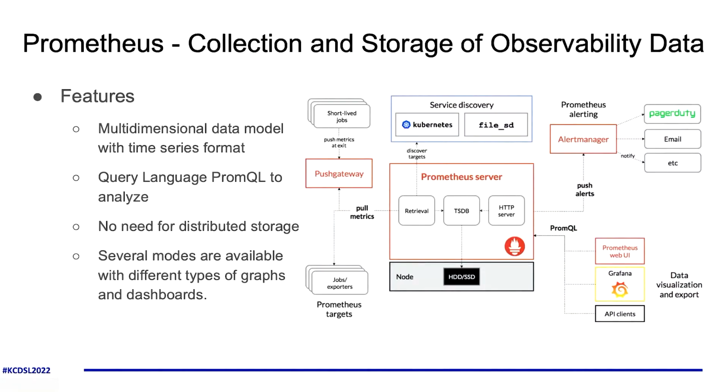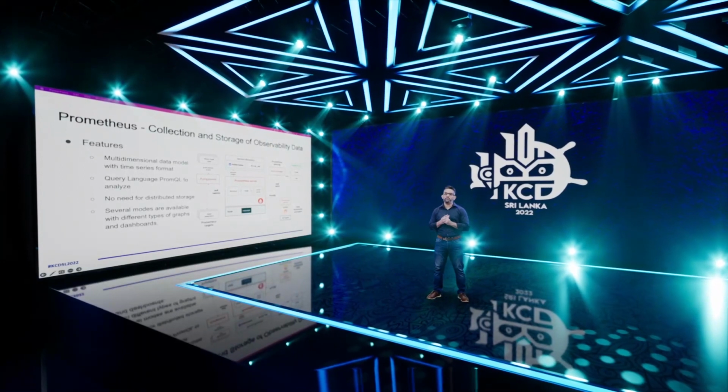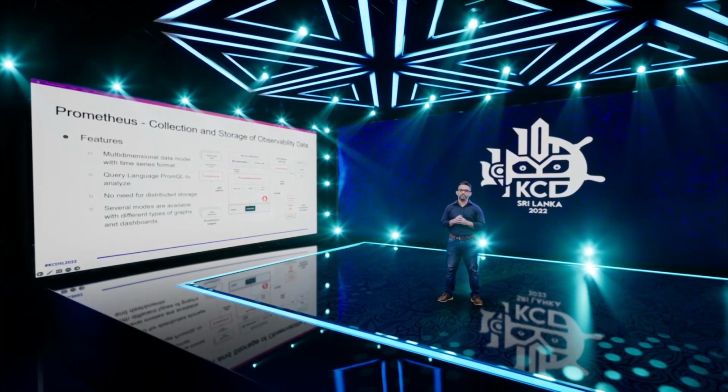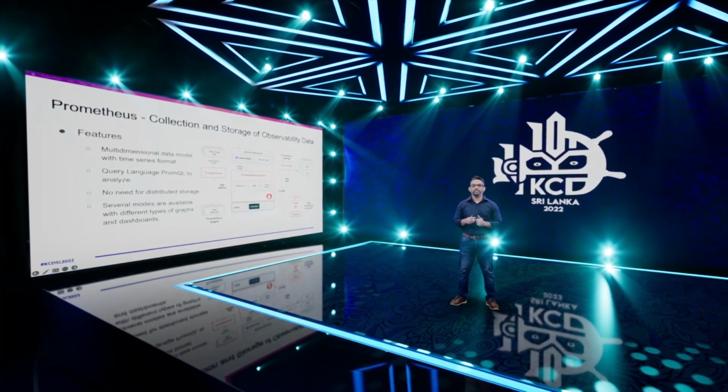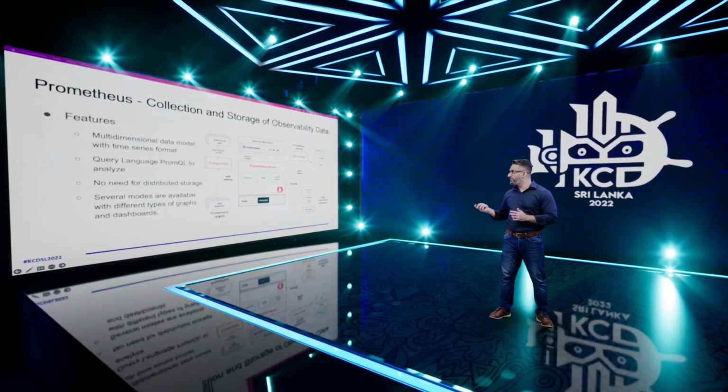It provides you with a multi-dimensional data model in time series format, and it also provides a query language called PromQL to analyze. Further, several modes are available with different types of graphs as well as dashboards. Prometheus can be integrated with many things like Grafana and all that as well.